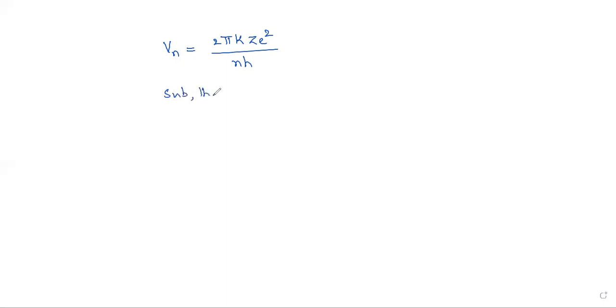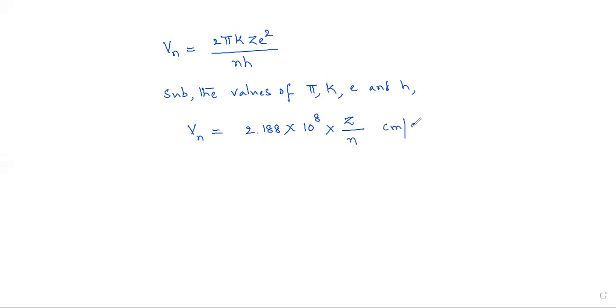Substituting the values of pi, k, e, and h, we get velocity of electron in nth orbit is equal to 2.188 into 10 power 8 into z by n centimeter per second.